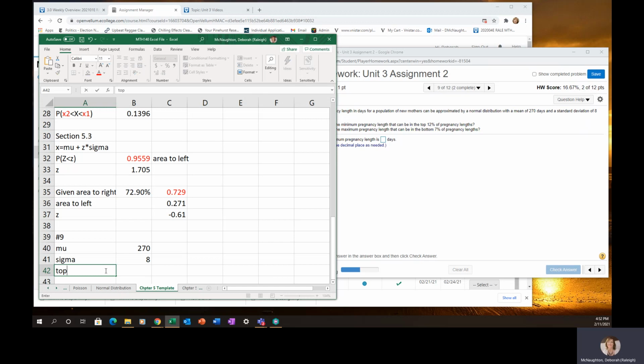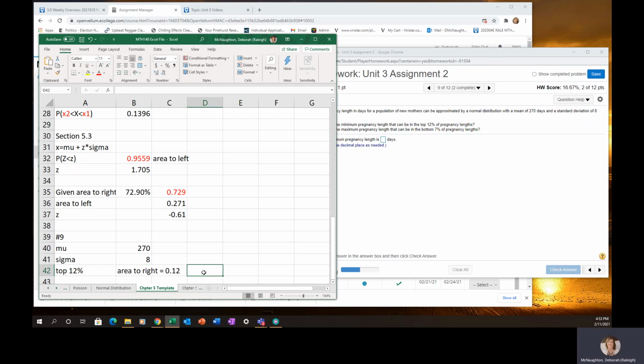This one is the top 12%. Top 12% means that we're looking at the area to the right is 0.12.